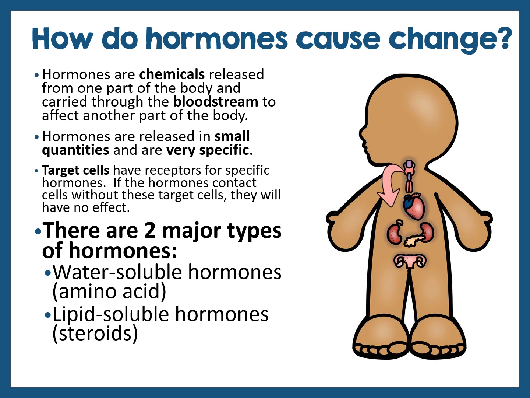And there are two major types of hormones. We have water-soluble hormones that are made up from amino acids. And then we have lipid-soluble hormones that are made up from steroids.